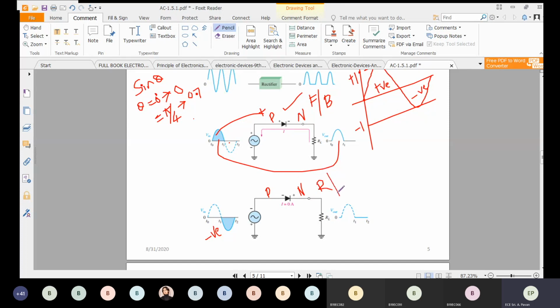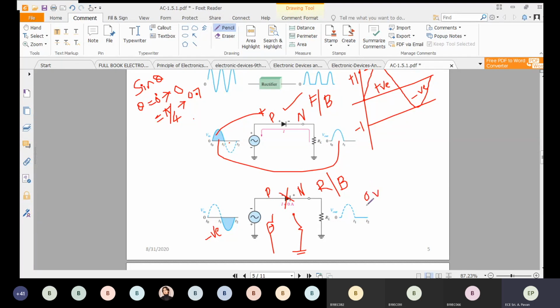If the diode is in reverse bias, it will act as an open switch. Open switch means there is no component at all. There is a source here, it will act as an open circuit, there is a resistor here. That's it. So output will be 0.